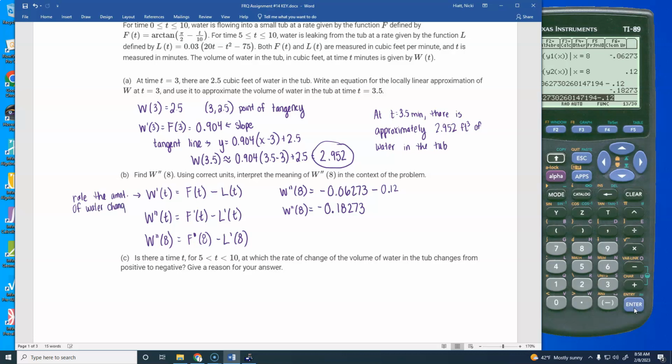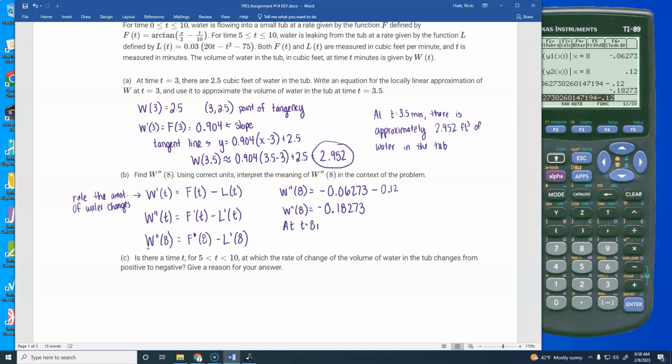So you've got water added to the tank and leaking from the tank. So it could be going up or down depending on whether you're adding it faster than it's leaking or not. But W prime is your rate that the water is changing. So we are looking at W double prime. So it's the rate that the rate is changing.